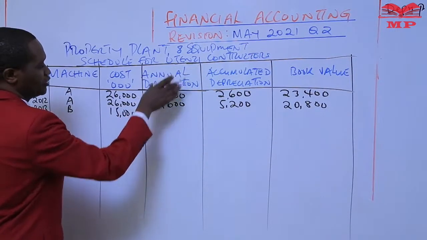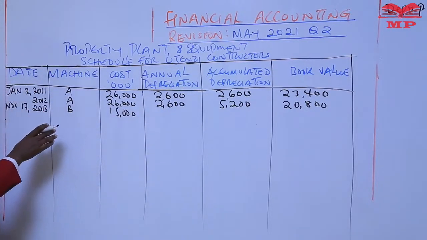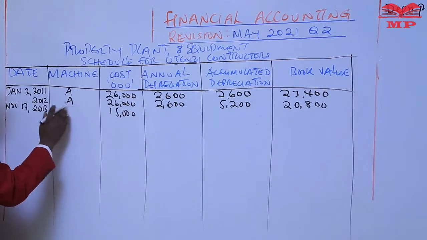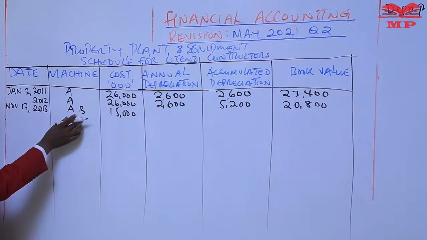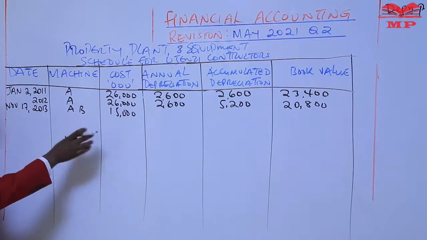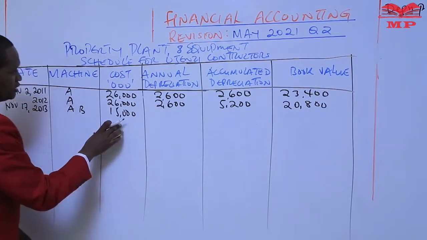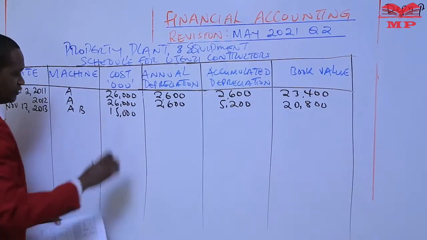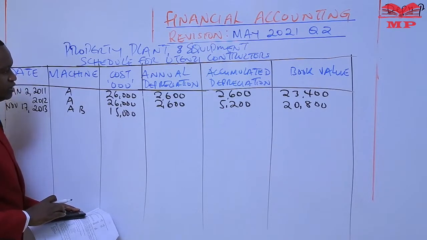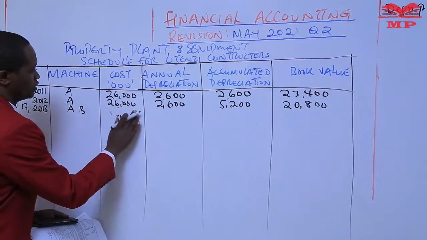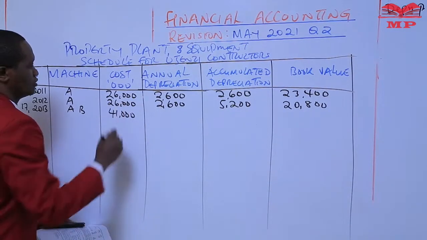We are going to calculate the annual depreciation for two machines, because in 2013 we have machine A and B. Then we will also have the cost for machine A and B. That will be 26 plus 15 million, which is 41 million.